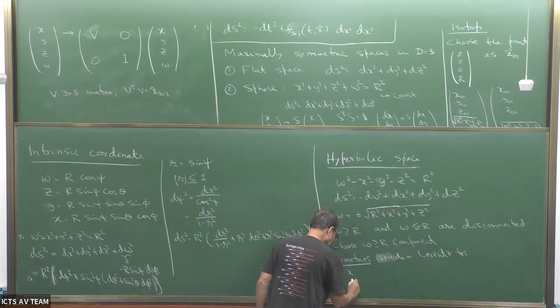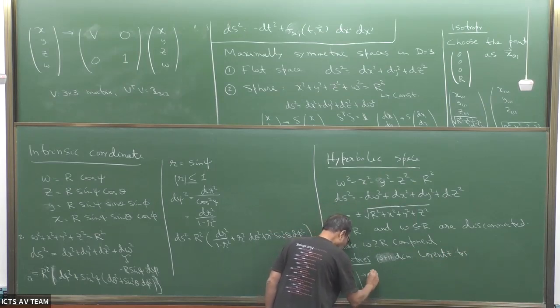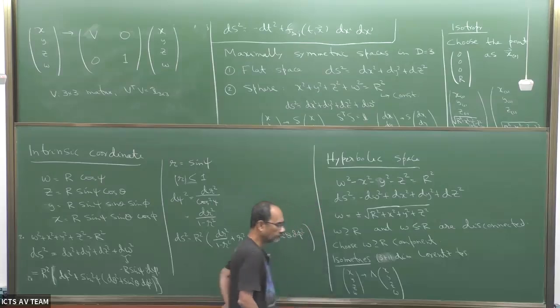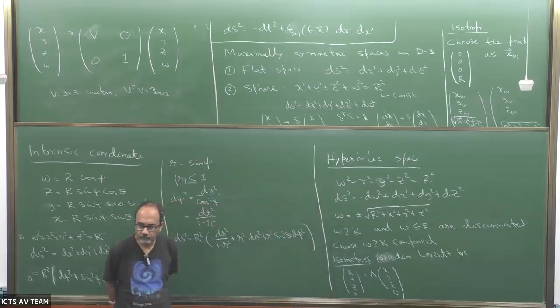X, Y, Z, W goes to lambda times X, Y, Z, W. And W basically plays the role of the time coordinate.